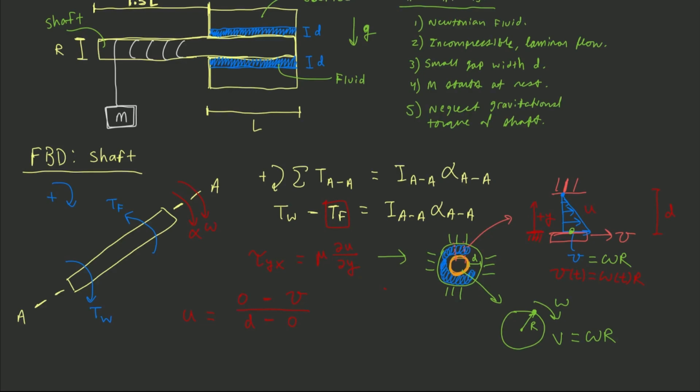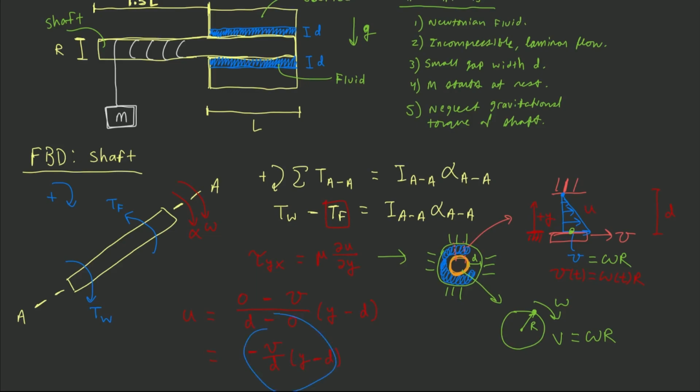So we have 0 minus U over d minus 0, and we can multiply that by y minus d. That's equal to negative U over d times (y minus d).